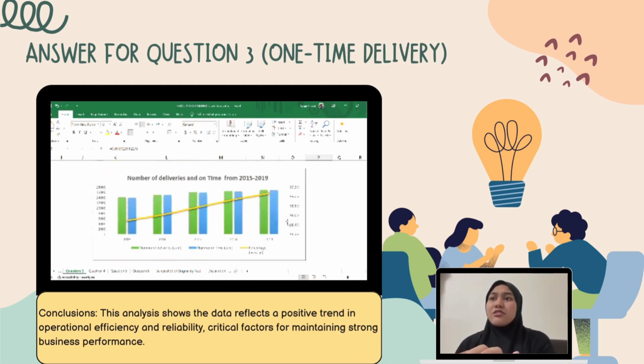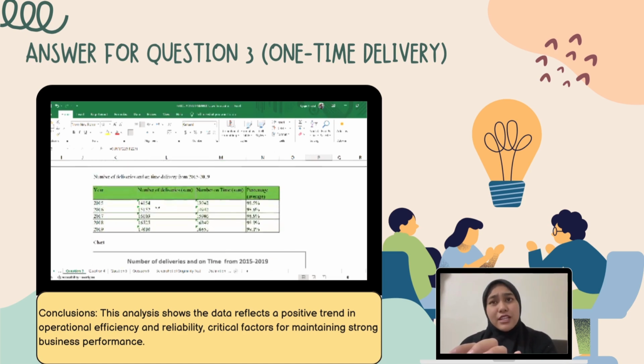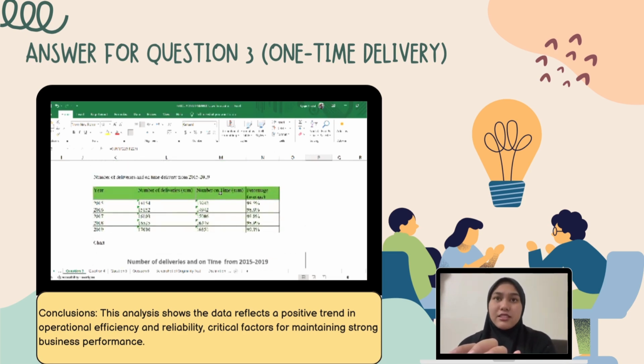Moving on, the graph shows delivery performance data from 2015 to 2019 for Loan Innovator, demonstrating a strong and improving track record in both the number of deliveries and on-time delivery rates. The total number of deliveries increased steadily from 14,154 in 2015 to 17,010 in 2019.